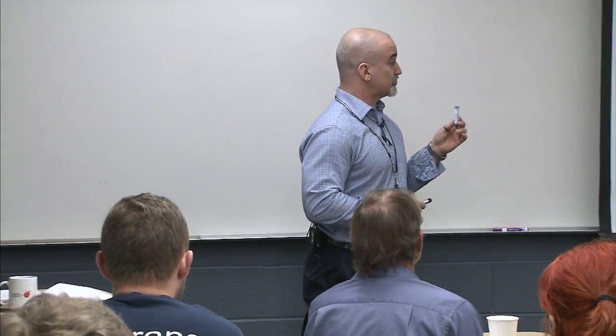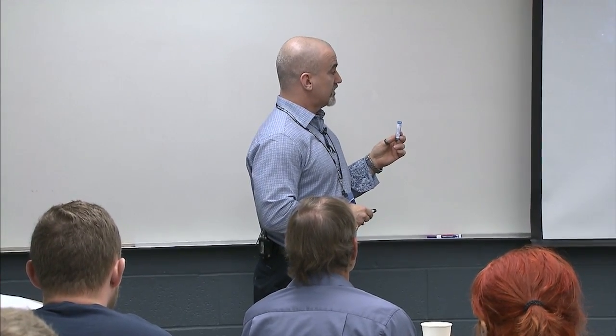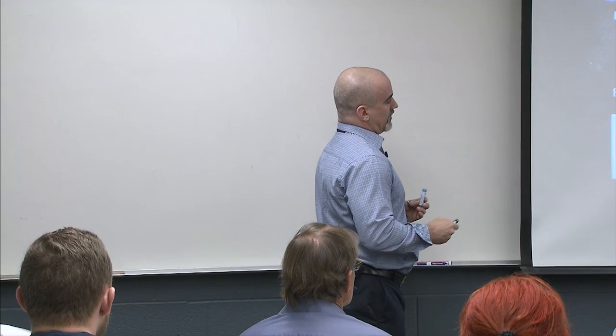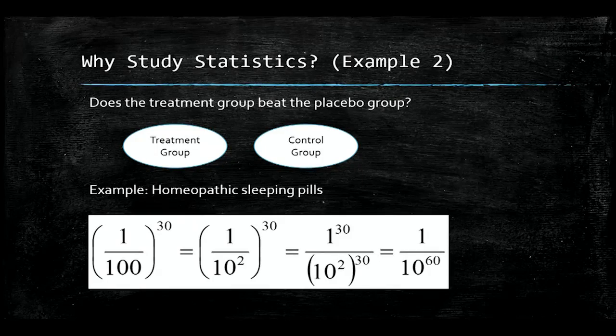This level of dilution is really extraordinary, just thinking of the good old days in algebra class. You have 1 over 100 to the 30th power. To make the math a little simpler, I'm going to write 100 as 10 squared.